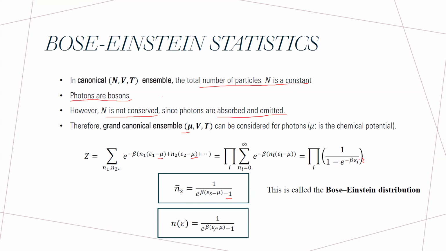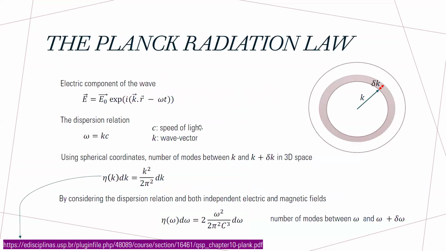And if it is a continuous energy spectrum, then we can consider this mean occupation number as a function of the energy. So n of epsilon is equal to 1 over exponential of beta times epsilon minus mu, minus 1.